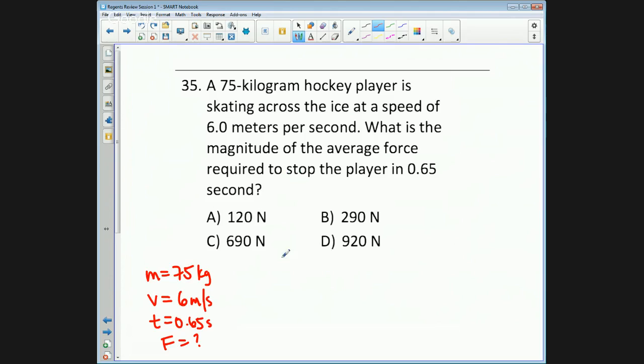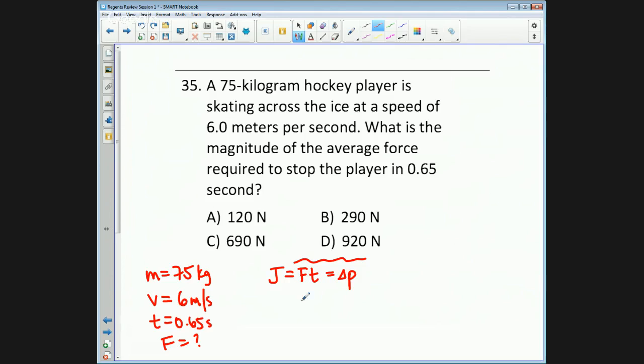Okay, so this is impulse. Impulse equals the force times time, and that also equals the change in momentum. We don't have a value for J, so we're just going to be using this part of the formula.